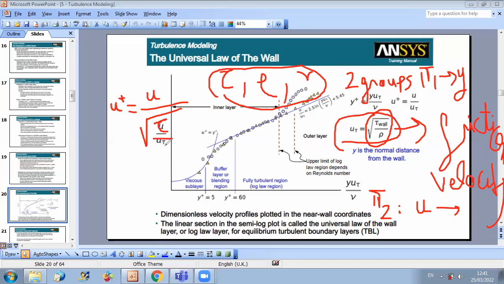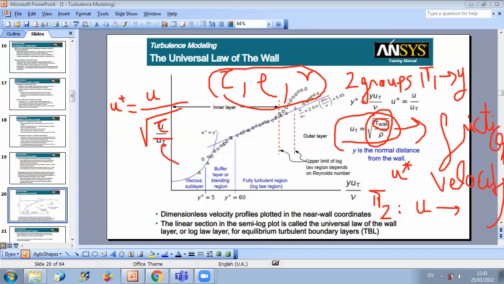Since we observed radical tau over rho in the two groups, we decided to name this component the friction velocity, u tau. In some books they refer to it as u star. The friction velocity is related to the shear at wall level.